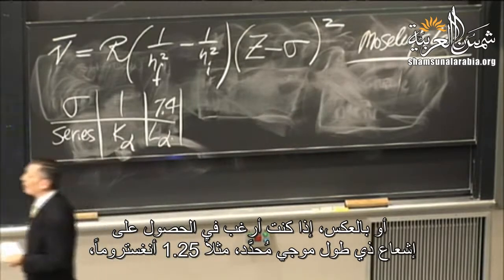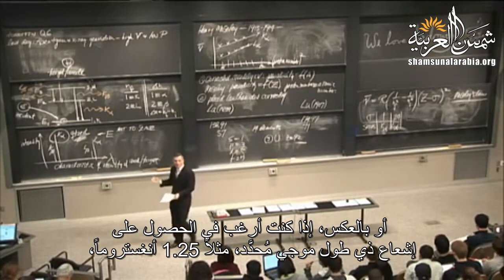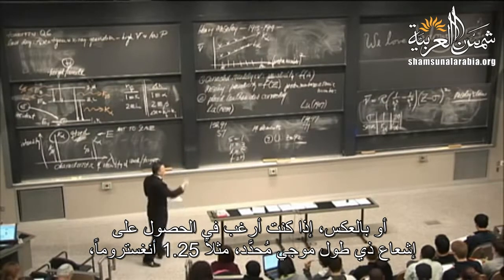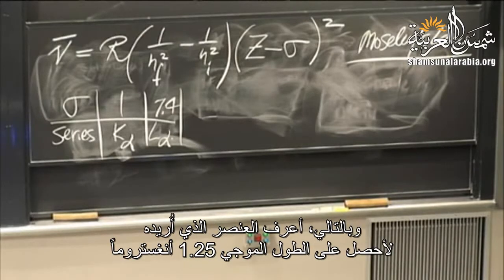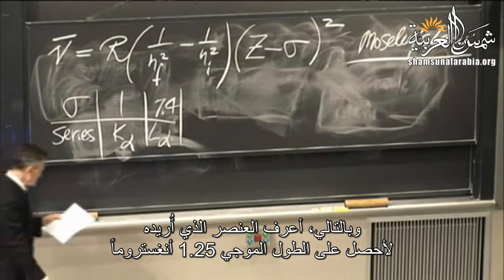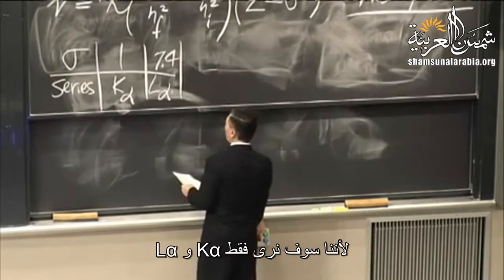Or turn it around, if I want radiation of, say, 1.25 angstroms, I can plug into this equation and come up with the Z, which will tell me what the target element choice should be. So let's plug this in, because we're only going to look at these two.